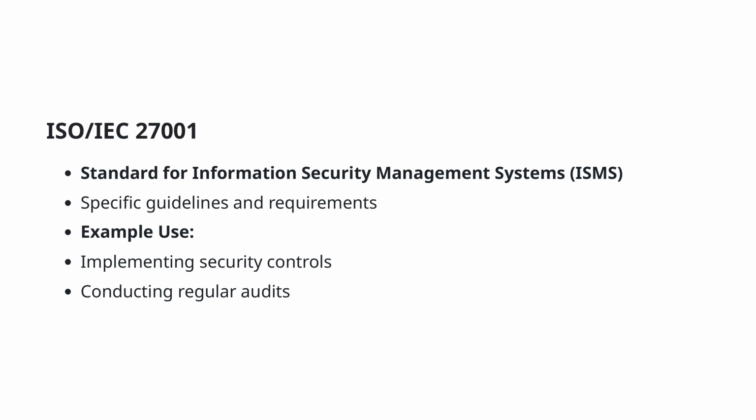Additionally, it guides organizations in conducting regular audits, ensuring continued compliance and improvement in their information security practices. Understanding and applying ISO/IEC 27001 can greatly enhance your organization's security posture, making sure that your IT processes are not only aligned with business goals, but also fortified against threats.